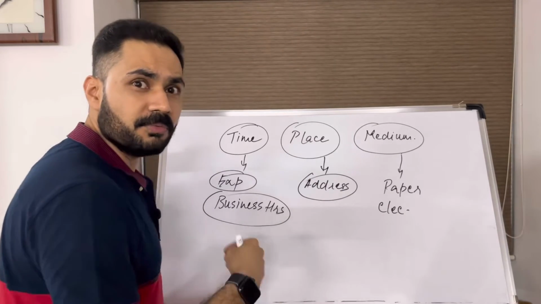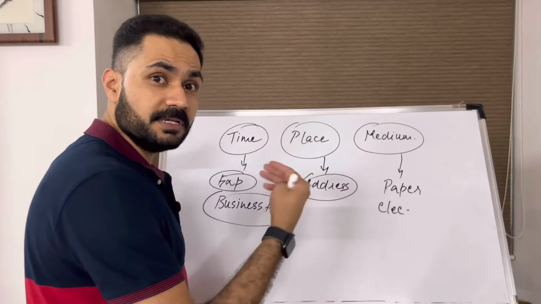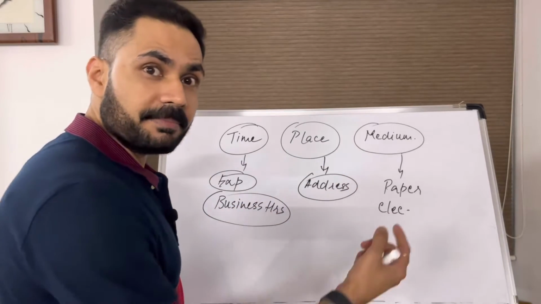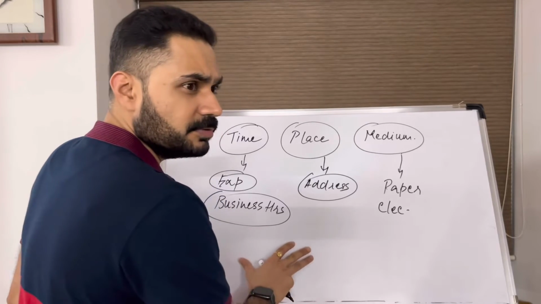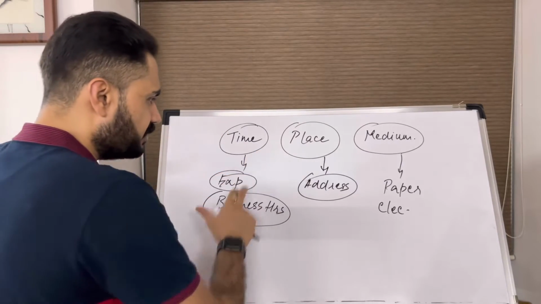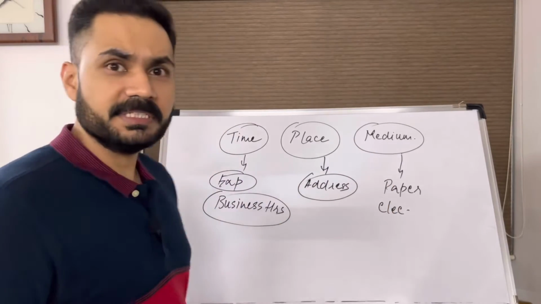Then comes what are the terms and conditions of the standby and whether the presentation or the drawing is complying with those terms and conditions or not. But broadly it has to be presented within the time, at the place and in the medium which is designated in the standby.